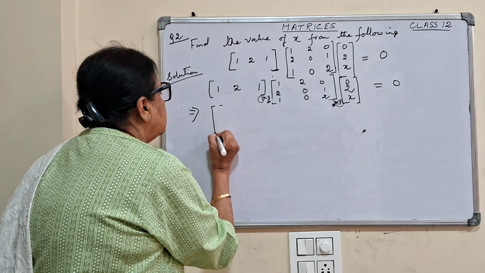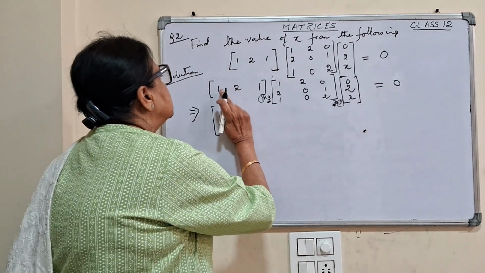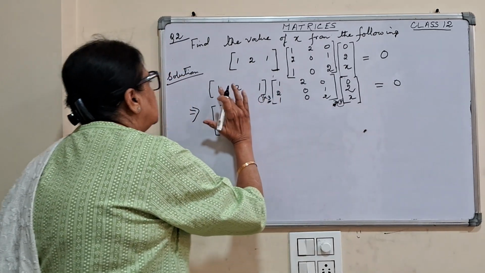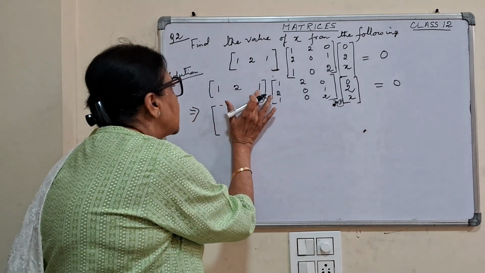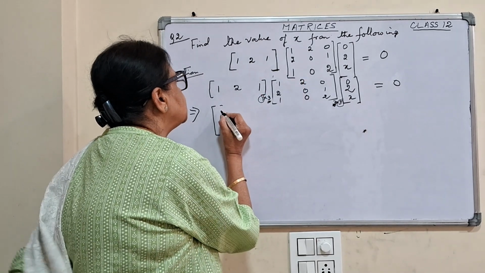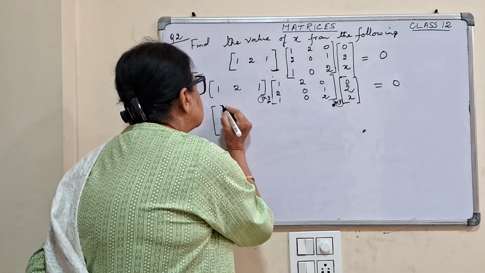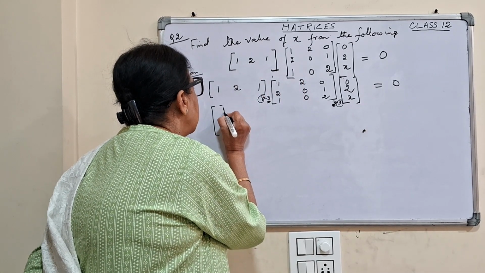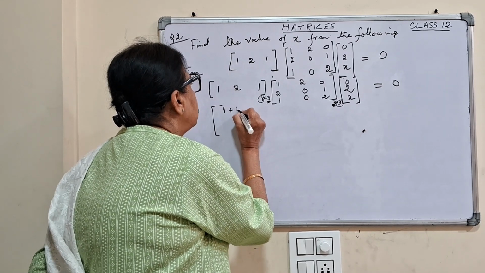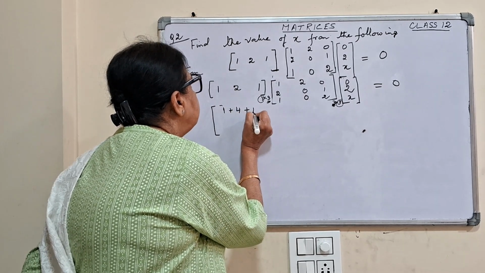I multiply. First row, first column is 1 plus 4 plus 1.